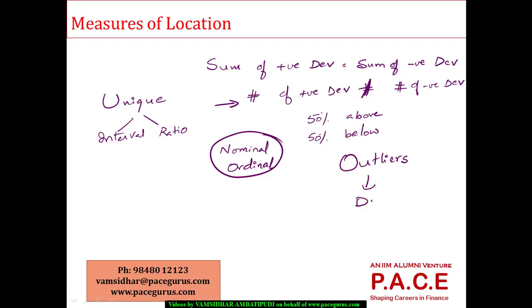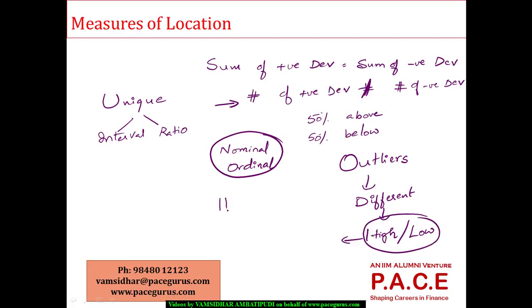Outliers are a very different set of data from the rest. A couple of values could be extremely high, or a couple of values could be extremely low, which will affect the mean very badly. The mean gets pulled towards these outliers.